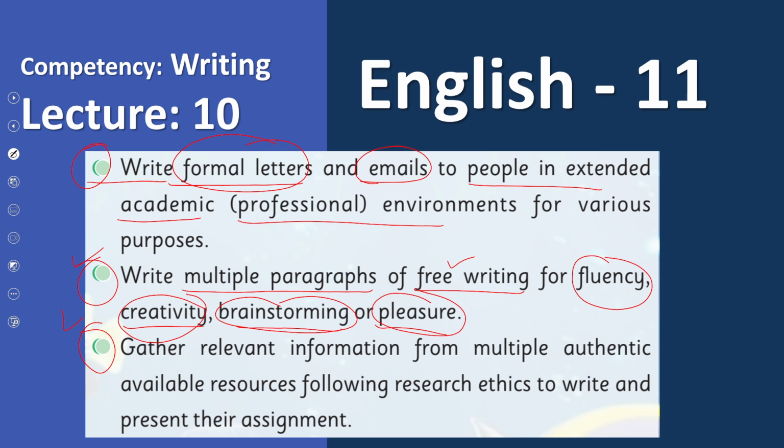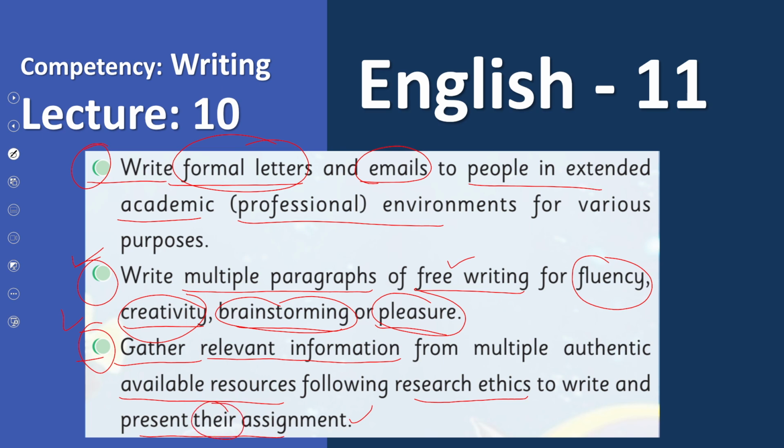And lastly, we will see that when we are writing an assignment or homework, how can we gather relevant information from multiple authentic available resources, following the research ethics to write and present their assignments, which means students' assignments.